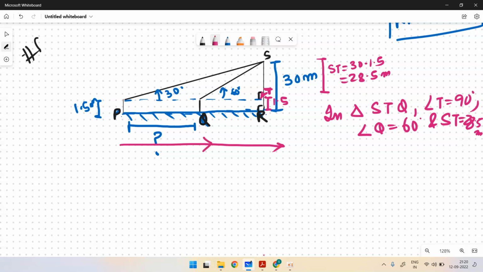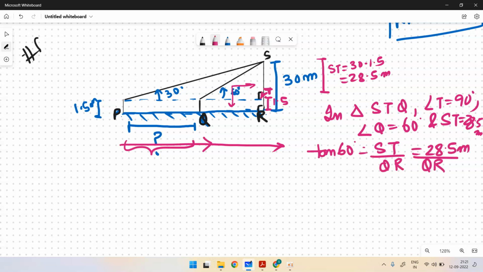I need to subtract these two so that I can get the value of this. So I need to calculate QR. With respect to 60 degrees, this is my perpendicular and this is my base. Perpendicular by base is tangent. So tan 60 degrees is ST by QR, and ST I have calculated to be 28.5 meters, by QR.